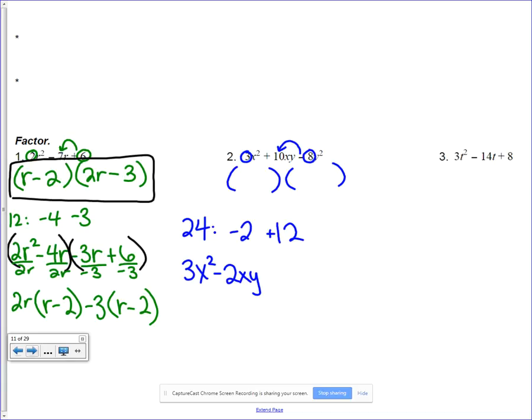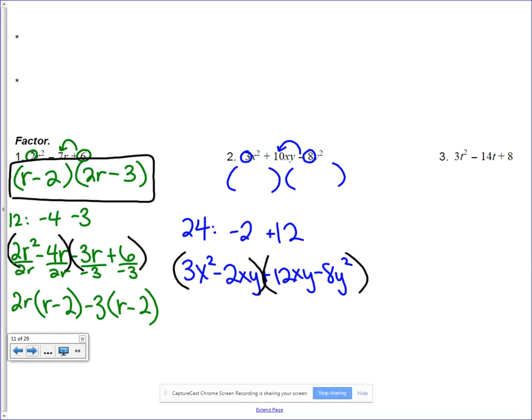And then what? 12. What needs to go on that? And then drop down the minus 8, and that's a y squared. Everybody following Peyton okay there?